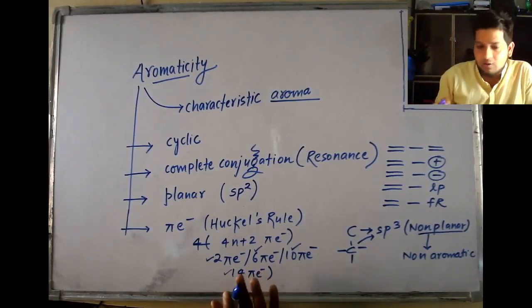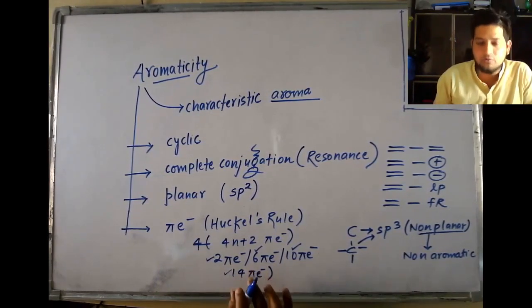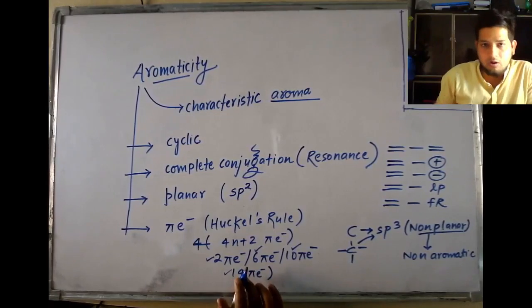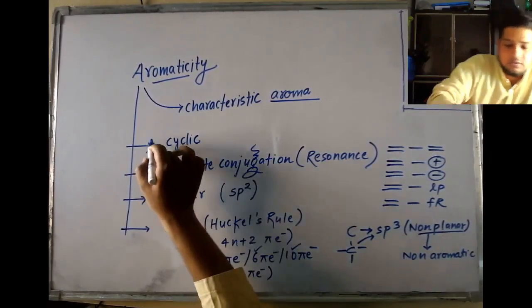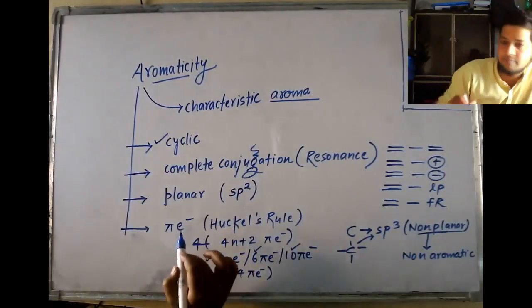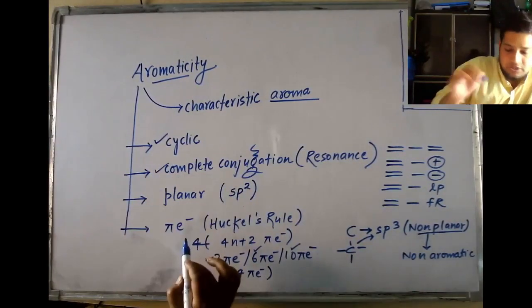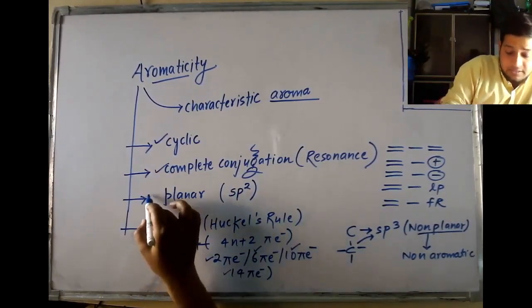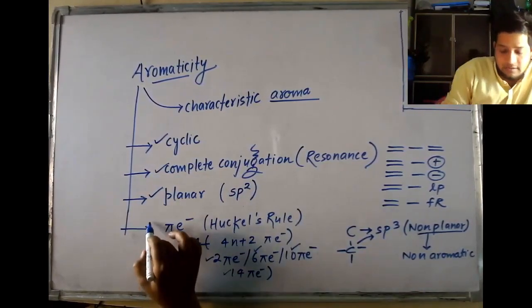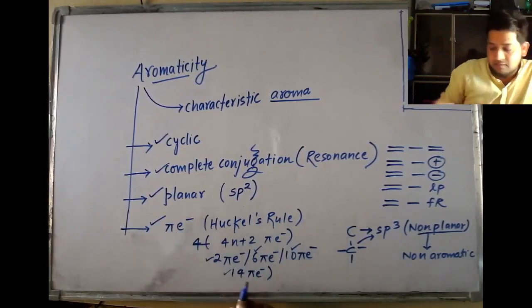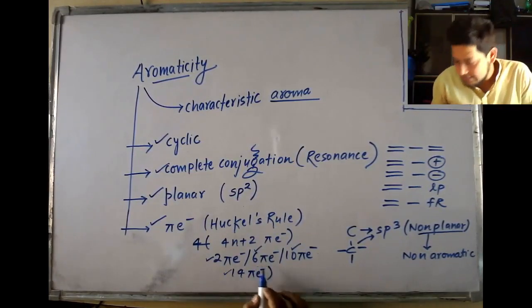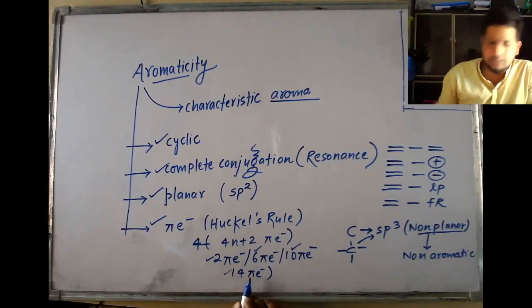In order to be aromatic, a molecule must qualify all these four criteria. First of all, it must be cyclic. There must be complete conjugation. The carbons must be planar, and there must be pi electrons in the format of 2 pi, 6 pi, 10 pi, or 14 pi.